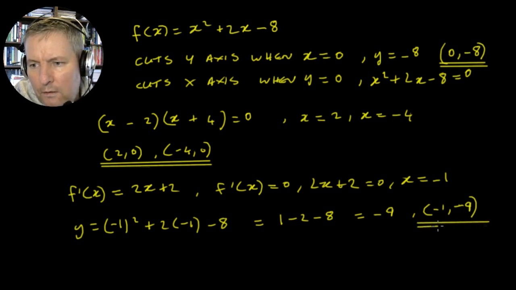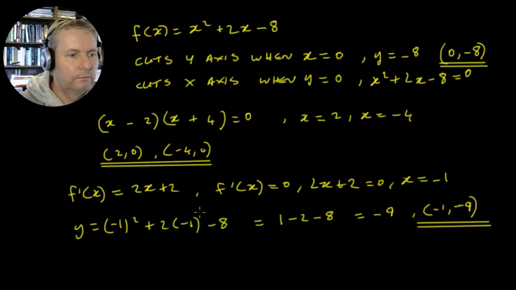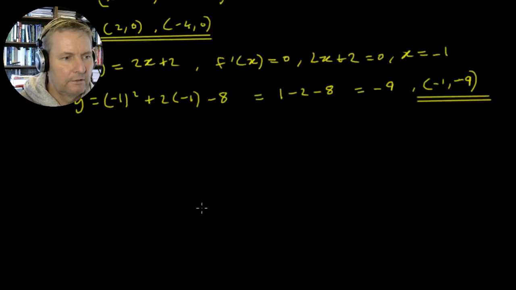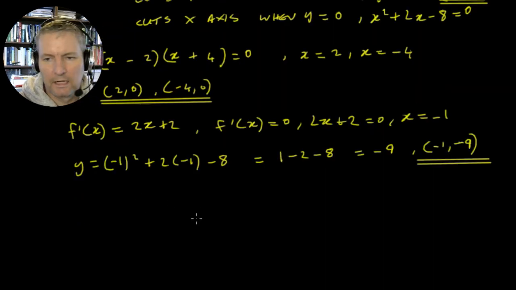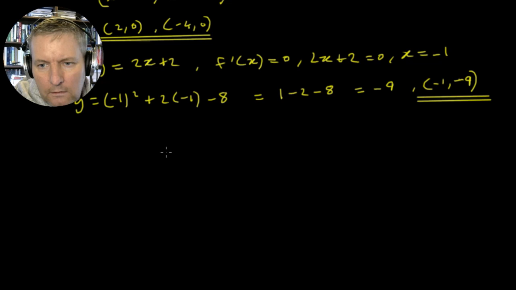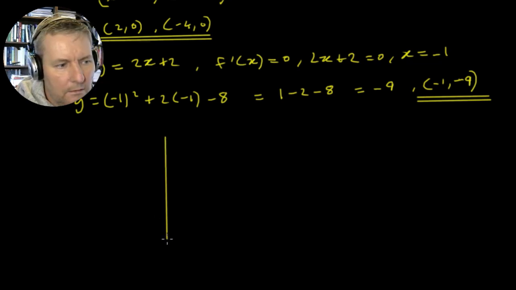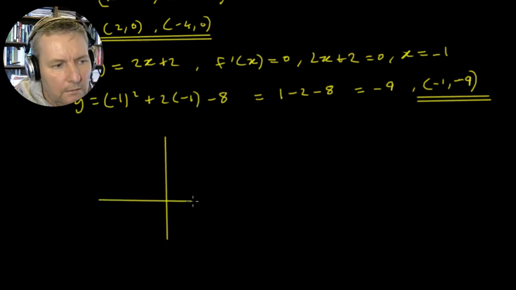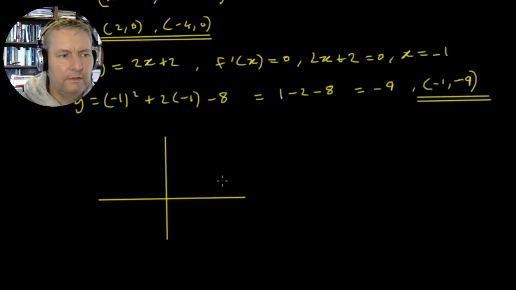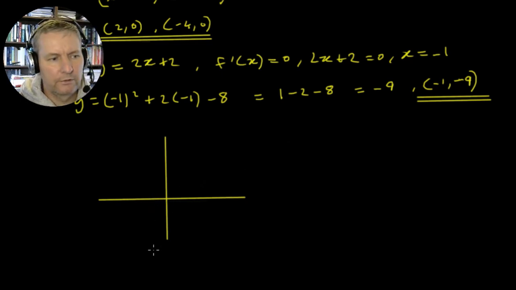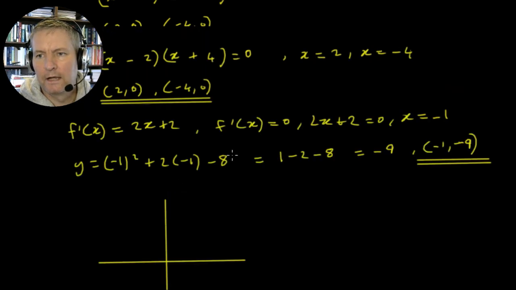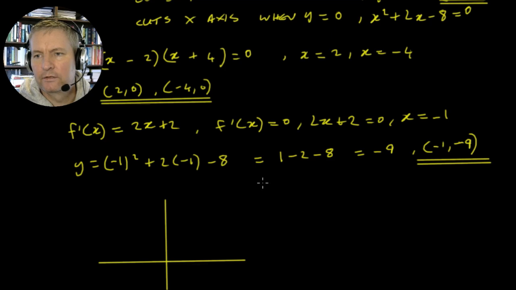So we'll draw this graph just down here, just a quick sketch of it. So we can see that the turning point is (-1, -9), so it's somewhere down here. And it's going to cut the y-axis at a point along 0 down 8.